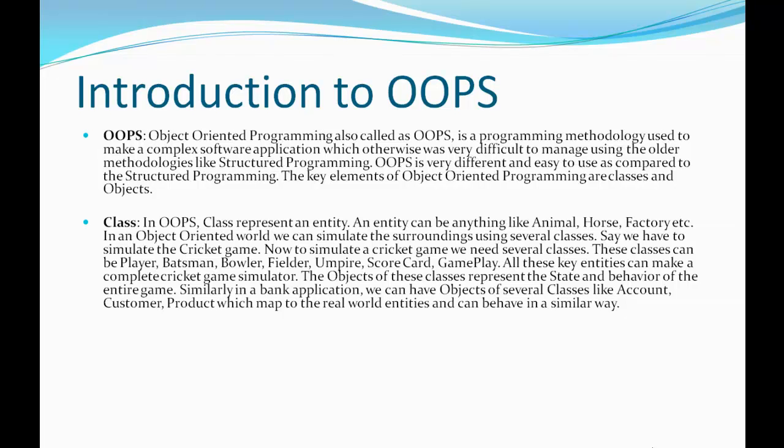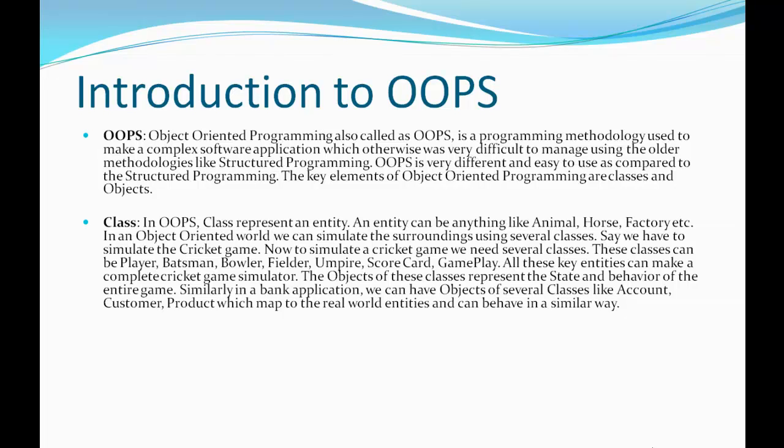By state, we mean the position of a particular entity. It can be the current score displayed on the scorecard, or the current action taken by the umpire, and the behavior of the entire game.